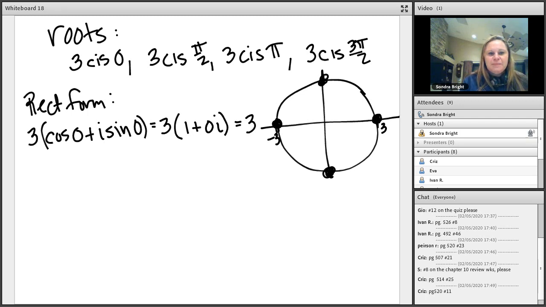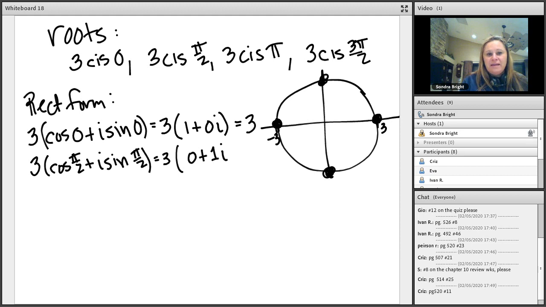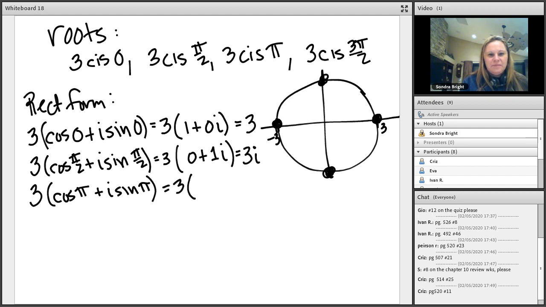The 3 cis pi over 2 is 3 times cosine of pi over 2 plus i times sine of pi over 2, which means it's 3 times 0 plus 1i, which means it's 3i in rectangular form. 3 cis pi is 3 times the cosine of pi plus i times sine of pi, which means it's 3 times negative 1 plus 0i, which gives you just negative 3.